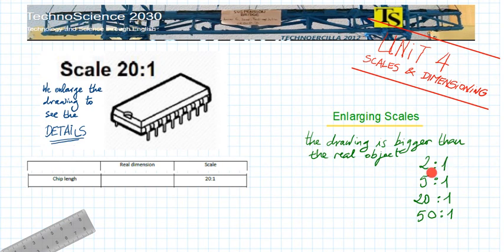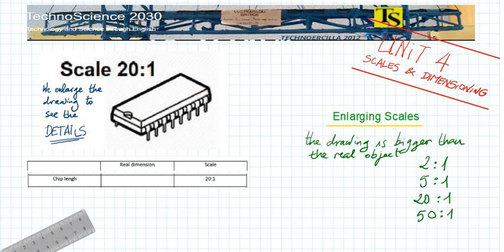Or 5 to 1 is because the drawing is 5 times the real object, so you have to divide by 5 to get the real size, or 20 to 1 or 50 to 1. In this case, we have enlarged the figure 20 times. So when you measure, you have to divide by 20 to get the real size.